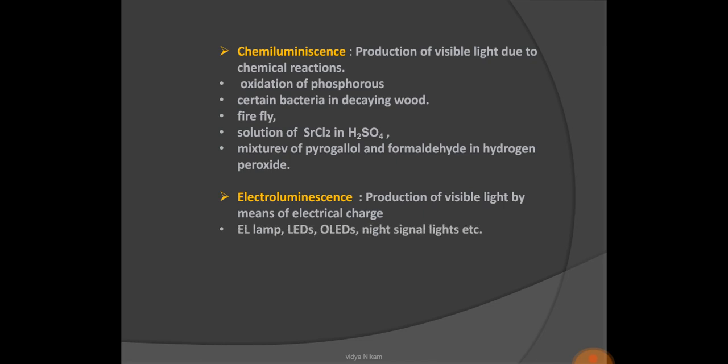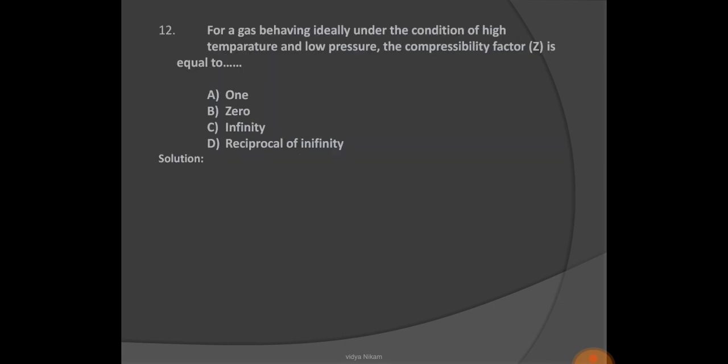For example, electroluminescent lamp, LEDs, OLEDs, night signal light, etc. So, oxidation of phosphorus is an example of chemiluminescence.